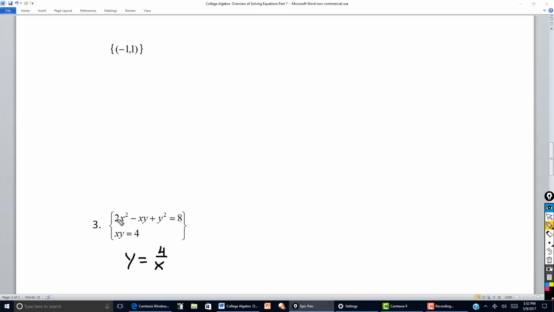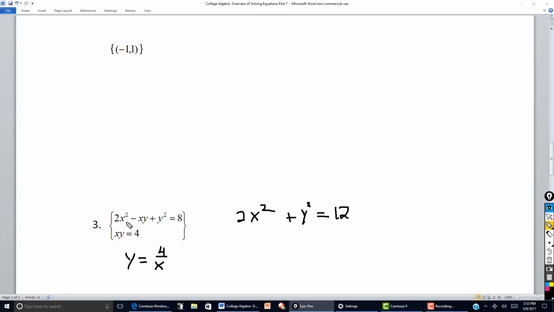Or I could just say, okay, I have a 2x squared here minus xy plus y squared. So if I add the two equations, then I would get 2x squared, and the minus xy and the xy would cancel, plus y squared is equal to 12.